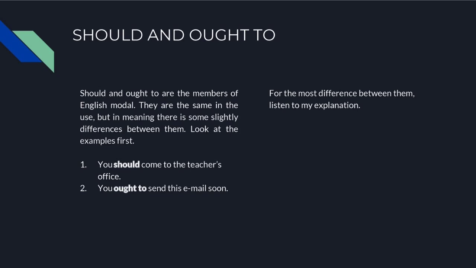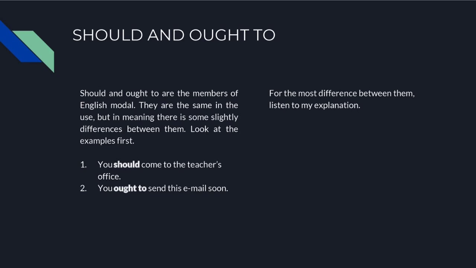On the next slide, I'd like to explain to you about the use of should and ought to. As you know, the forms of modals consist of 3. The first one is a modal verb, the second one is a modal phrase, and the last one is modal-like forms. Should is a member of modal verbs, and the other members of modal verbs are like will, would, can, and so on.